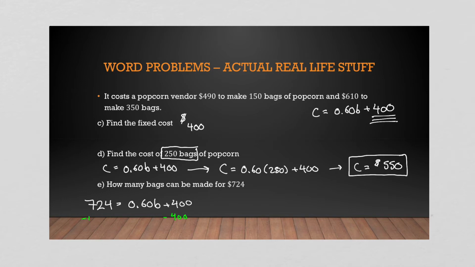Subtract 400, subtract 400, and you get 324 is equal to 0.60b, and then divide by the 0.60, and you get your number of bags. And in this case, b equals 540 bags. So once you have the equation, you can do quite a bit with it, and you can figure out certain information depending on other information you have and or need. So it can be super duper handy.